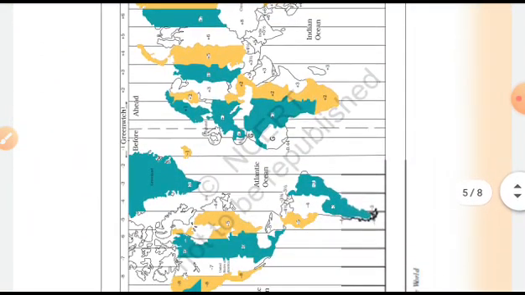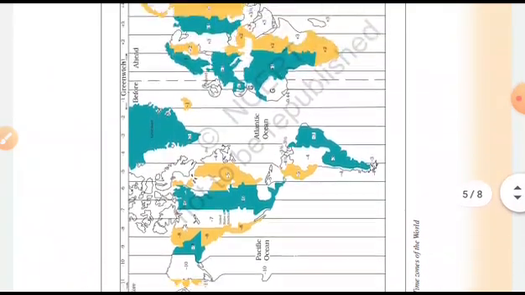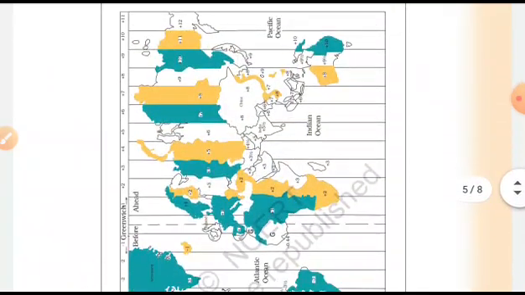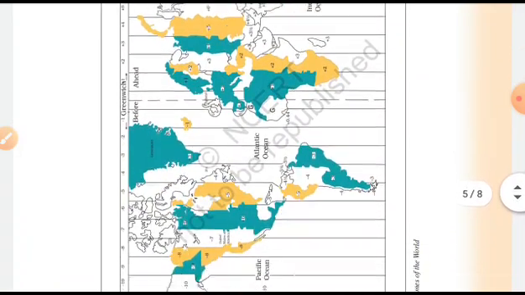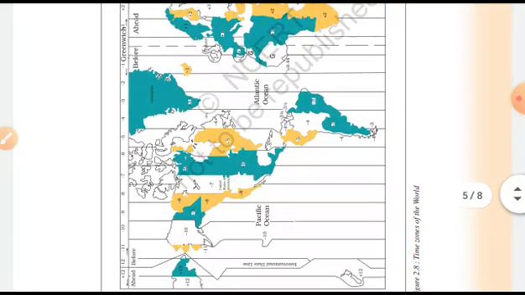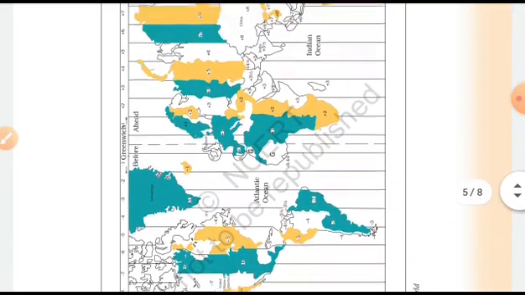here is the map, and you can see the prime meridian divides the countries, and there comes the Greenwich line, which is in the middle of this map. The Indian Ocean and Pacific Ocean are on the right side, and the Atlantic Ocean and Pacific Ocean on the left side also.